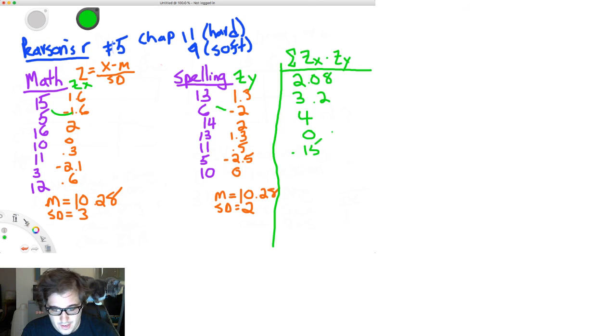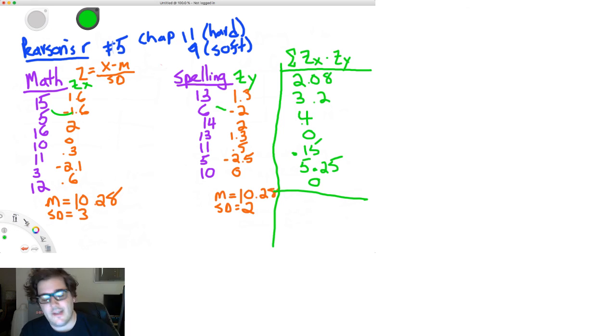Let's just confirm that. Yep, that's right. Negative 2.1 times negative 2.5 equals 5.25. It's a decimal, non-negative. And then 0.6 times 0 is 0. 1, 2, 3, 4, 5, 6, 7. You have 7 numbers. You did it all correctly.